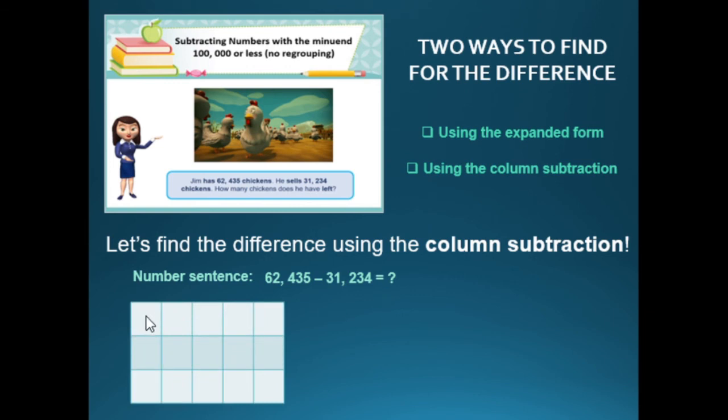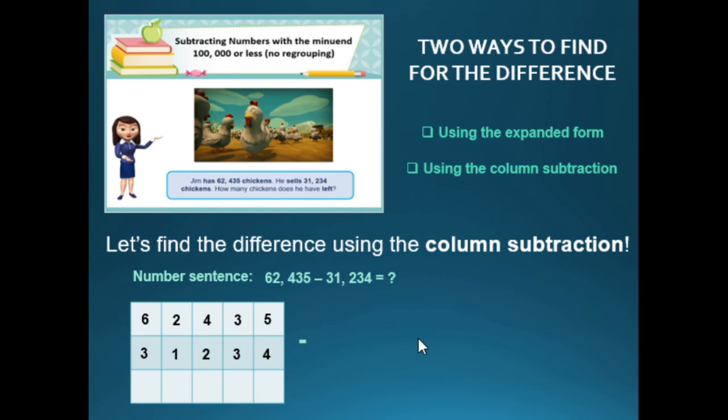First row we have 6, 2, 4, 3, 5. And then second row, you have 3, 1, 2, 3, and 4. Then subtract. Subtract from the rightmost place.